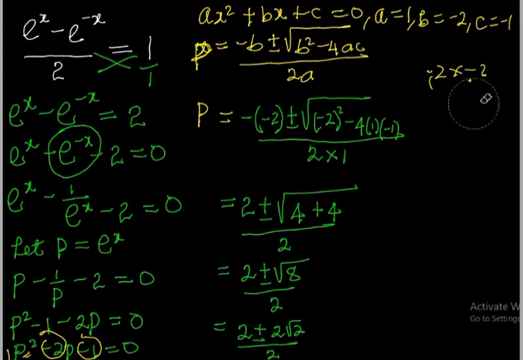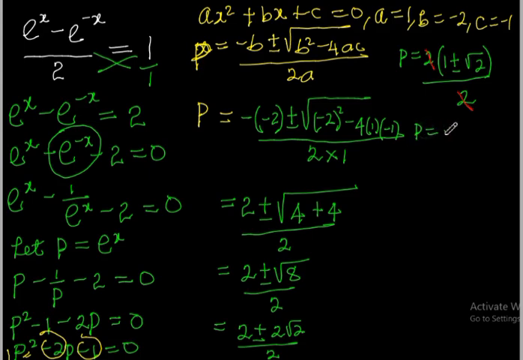And of course, we can write this as p equals 2 into, since 2 is common between here and here, 2 into 1 plus or minus root 2 all divided by 2, so that 2 can cancel 2 and we are left with p equals 1 plus or minus root 2.